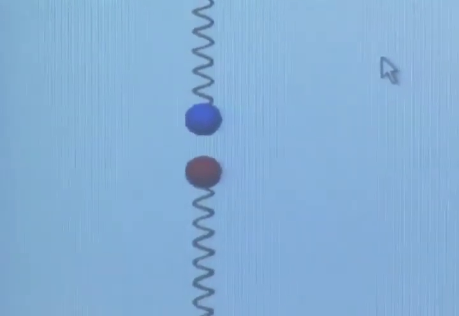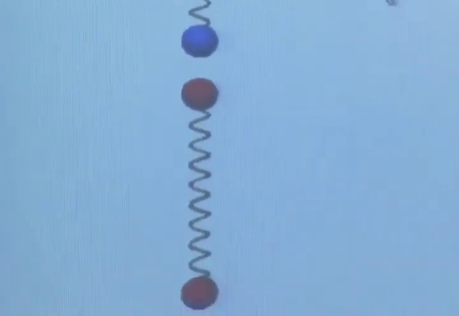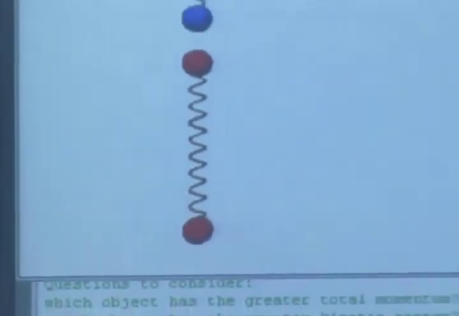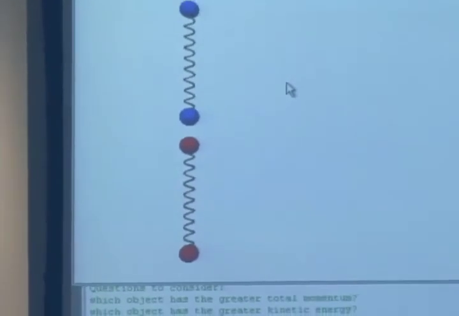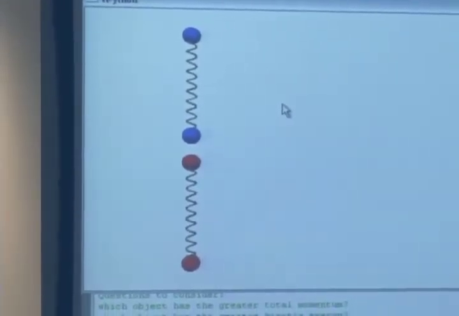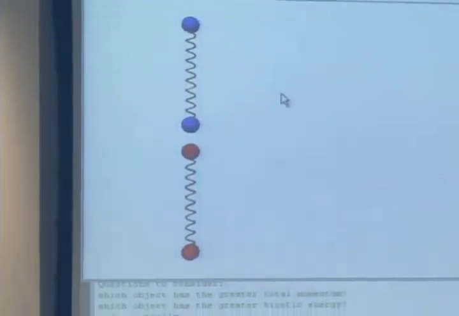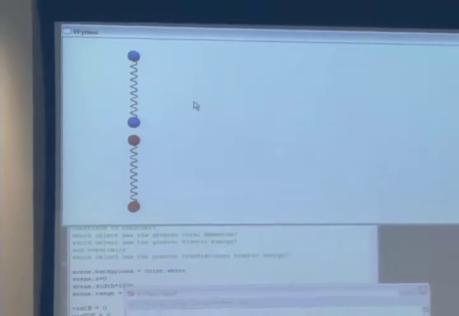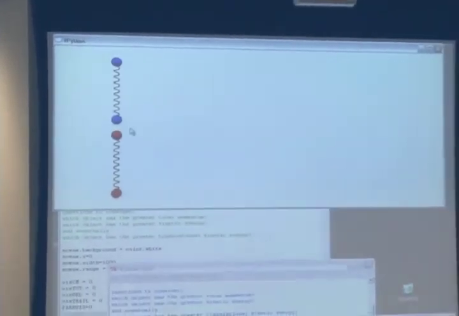In fact, I want to look at this for a minute, so let's get the lights off the screen. Let's say that they're identical, so they have identical dimensions, and the springs have the same stiffness, and the red balls and the blue balls have the same mass. And let's start them moving.